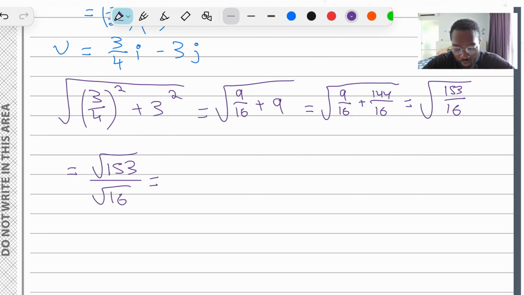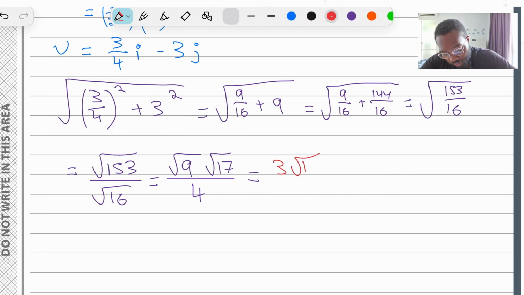So now at 153, that's effectively like we just added another 9, which is the same as saying 9 times 17. So 9 times 17 is 153. Therefore, we get root 9 times root 17, over 4. And then that simplifies down, so we are left with 3 root 17 over 4, and that would be meters per second.